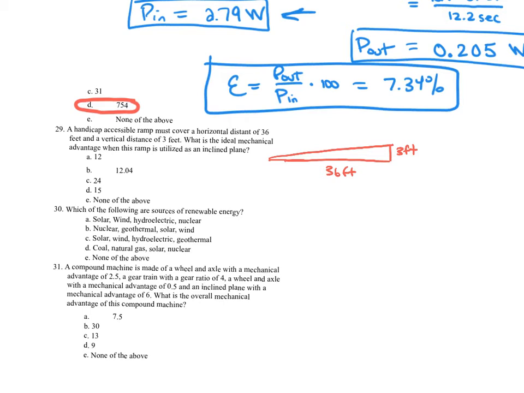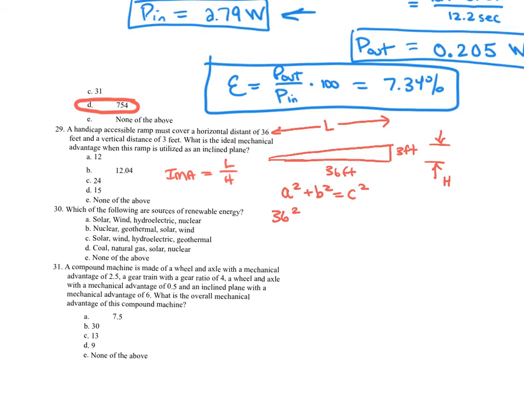So on the formula sheet, it is given to you that IMA is equal to L over H. And they document L as being the length of the inclined portion, or the hypotenuse, and H being the height of this triangle here. So what we need to do here is do Pythagorean theorem, a squared plus b squared equals c squared, so we can determine what this hypotenuse is.